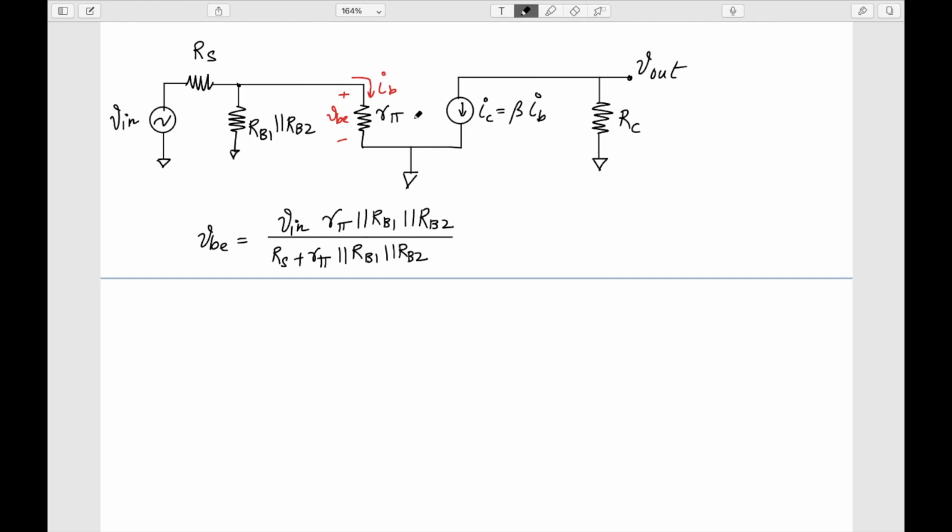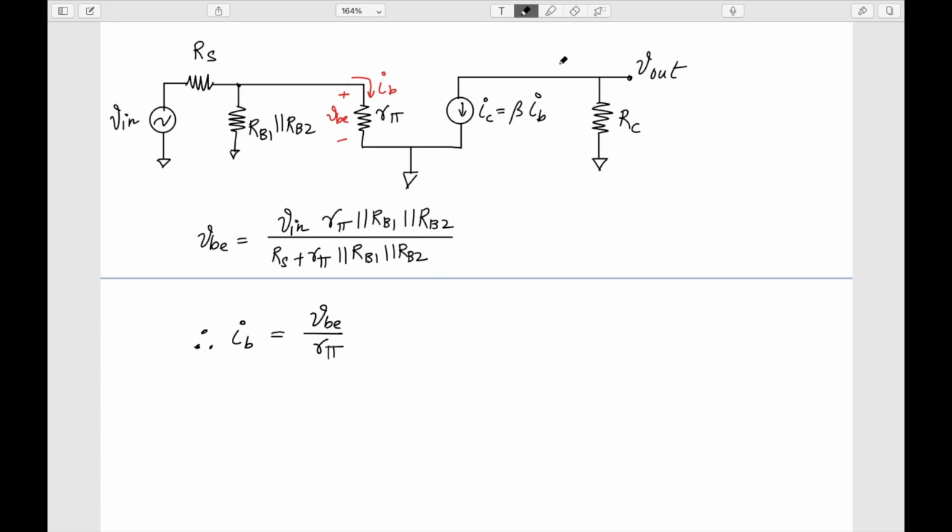So this is my VBE, and I can find out my current IB now. Therefore, my current IB is equal to VBE by R pi, and I can get the VBE from here.